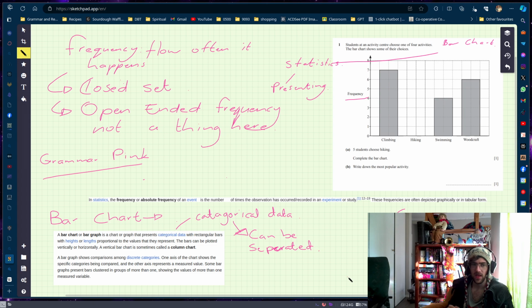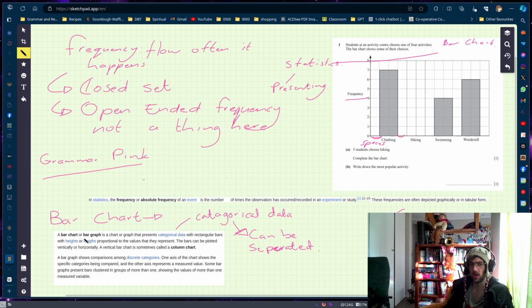So here we're looking at categorical data with rectangular bars with heights or lengths proportional to the values that they represent. The bars can be plotted vertically or horizontally. A vertical bar chart is sometimes called a column chart. Just note that there are always spaces in between. You can also call it a bar chart.